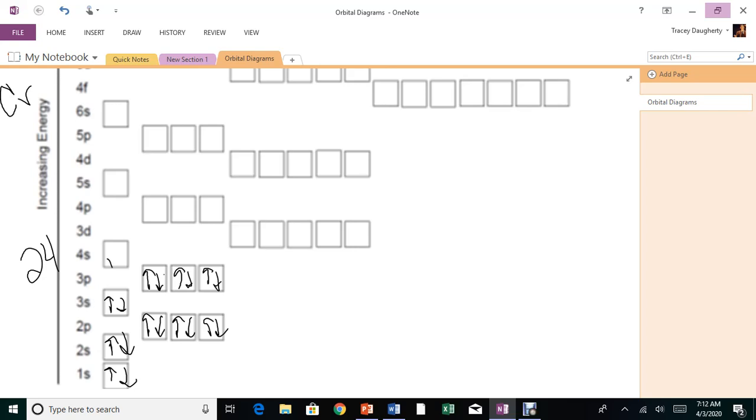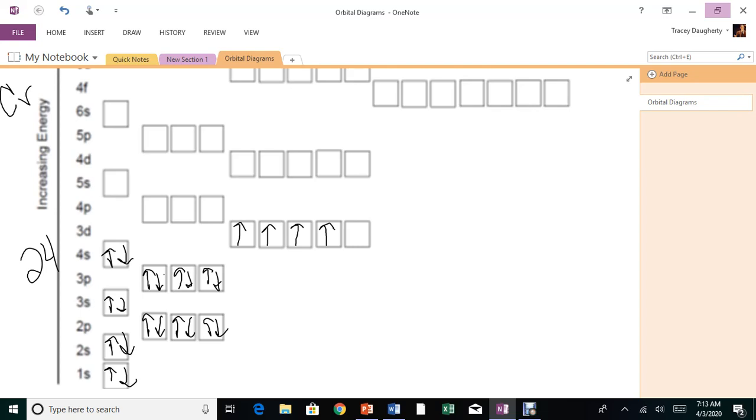And then the 4s has one up, one down. And then the 3d, that gives us 20 electrons. So then 21 in the first box up, 22 in the second box up, 23 in the third box up, and 24 in the fourth box.